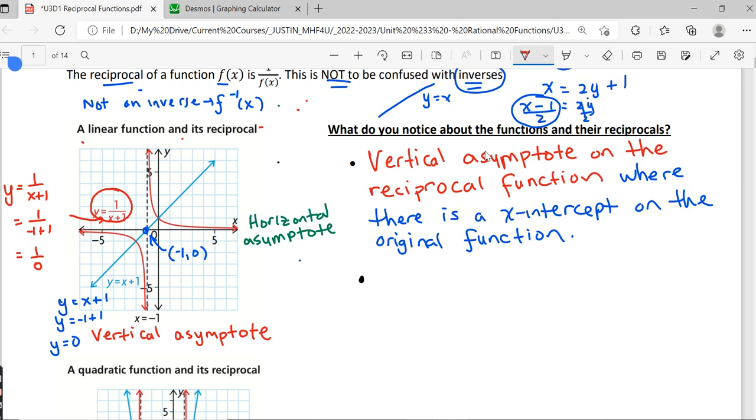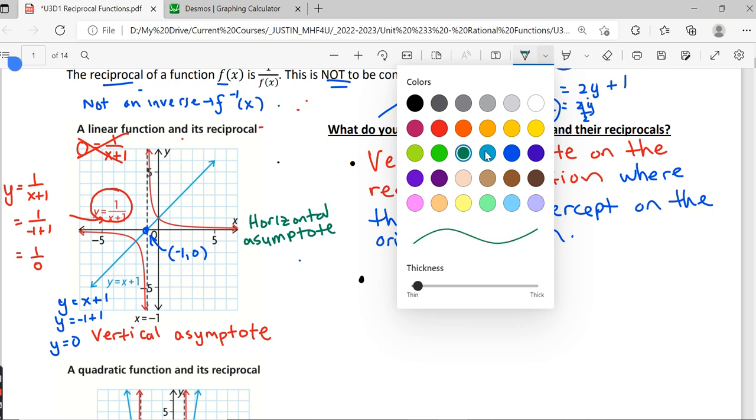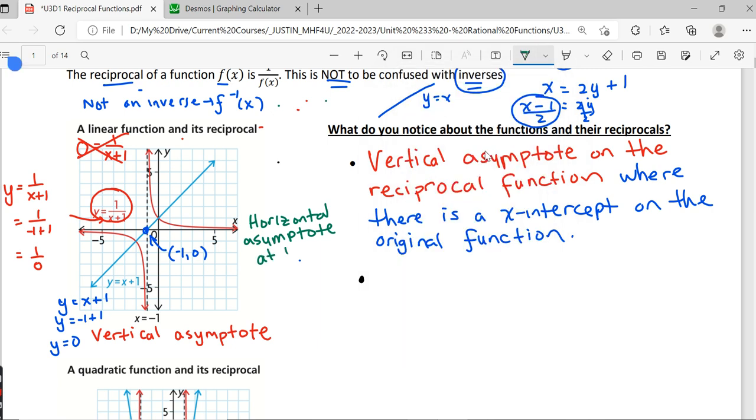I would get 0 is equal to 1 over x plus 1. Is this solvable? Can I find an x such that 1 divided by some number will give me 0? No, it's impossible, okay? Which is why we have a horizontal asymptote at y equals 0.